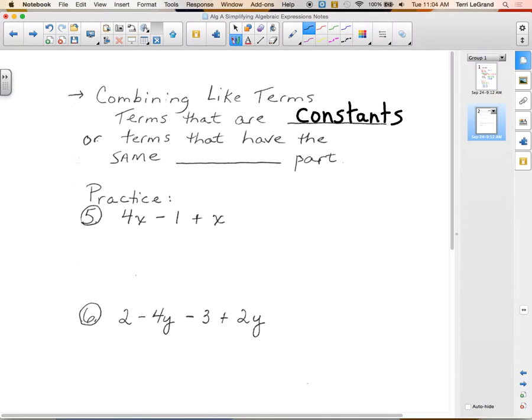Those are constants, they're like terms. They can be put together. Or terms that have the same variable part. So as long as they have a variable, and that variable is the same, then we should be able to consider them like terms. Okay?